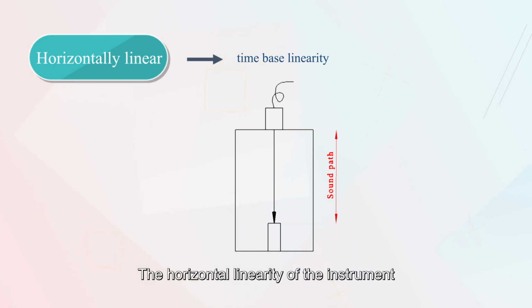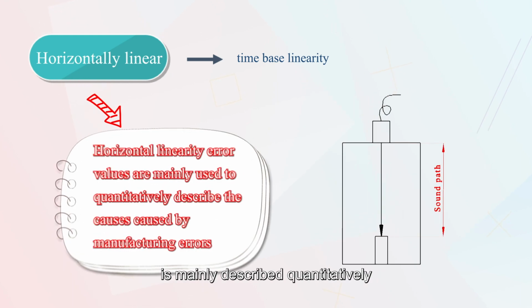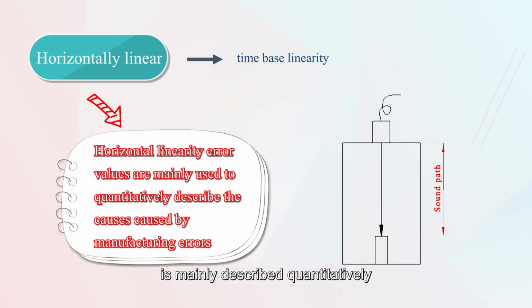The horizontal linearity of the instrument is mainly described qualitatively by the horizontal linearity error value, which is mainly caused by the manufacturing error of the instrument.